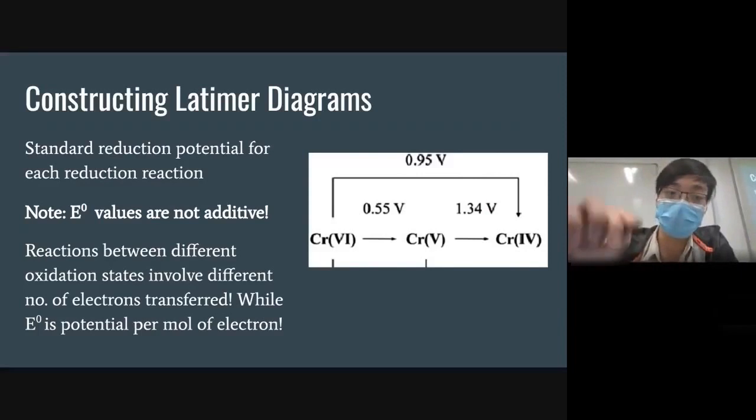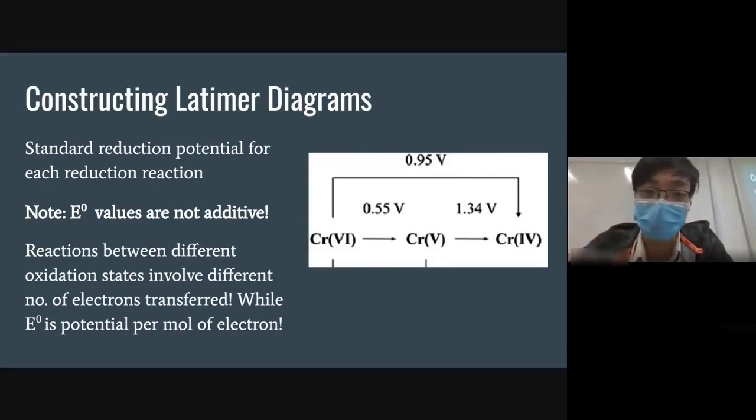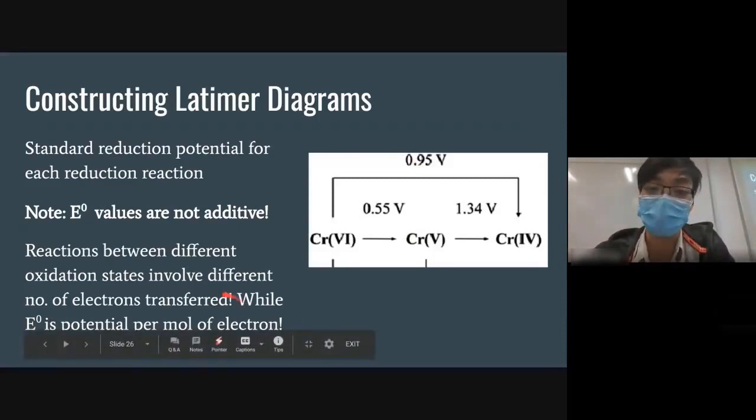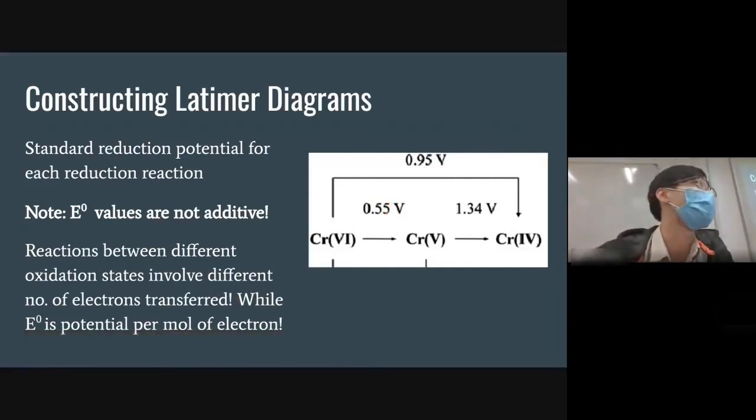In all the equations related to E cell, the number of electrons being transferred matters. In chromium 6 to chromium 5, only 1 electron is being transferred, but from chromium 6 to chromium 4, 2 electrons are being transferred. The E cell value is related to the potential per mole of electrons, so adding them up presents problems because the number of electrons transferred in each equation is different.